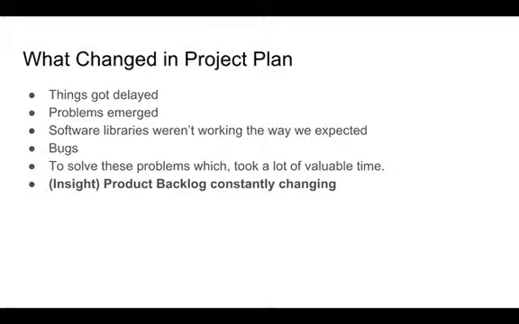Basically, when we were using libraries, some things were not working the way that we expected, and this forced us to readjust our product backlog. We thought something would only take a short amount of time. It ended up taking a lot more time than that, and the product backlog was constantly changing. That was a big takeaway we noticed from this project.